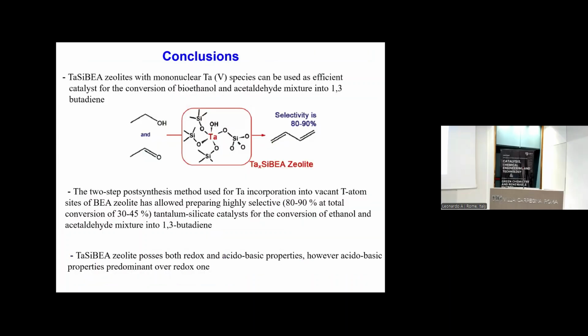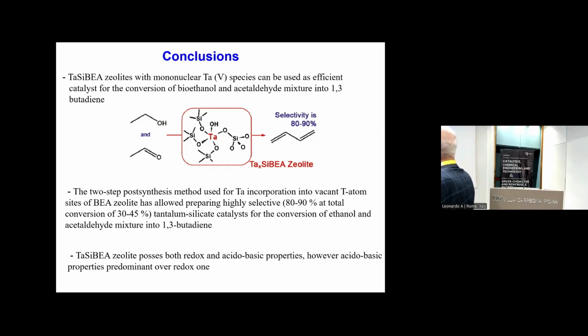In conclusion, we can say that tantalum SCR-beta zeolite with mononuclear tantalum(V) species can be used as an efficient catalyst for the conversion of bioethanol and acetaldehyde mixture into 1,3-butadiene. We can form butadiene with very high selectivity.